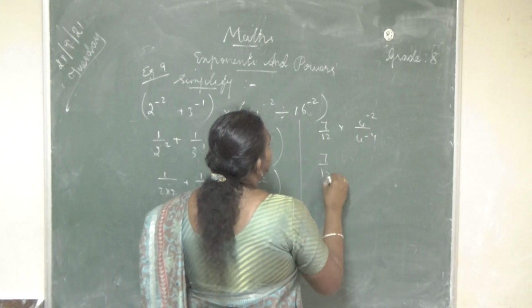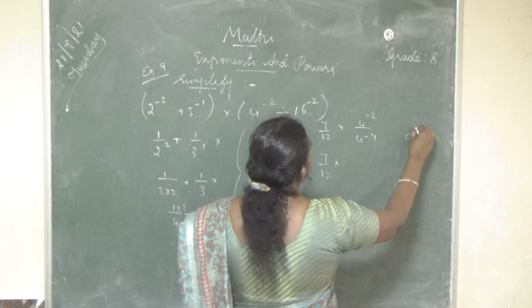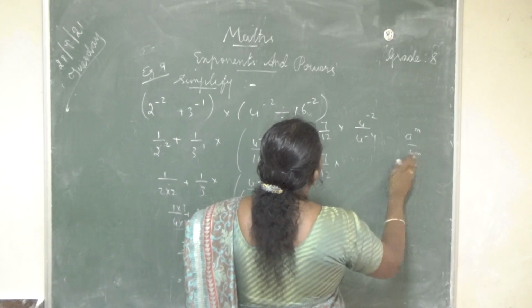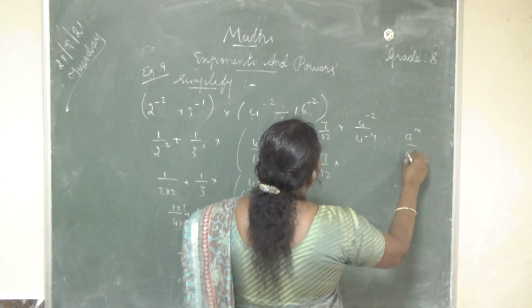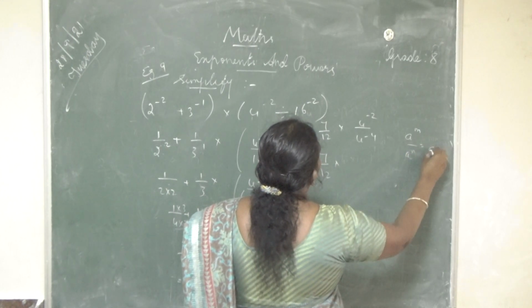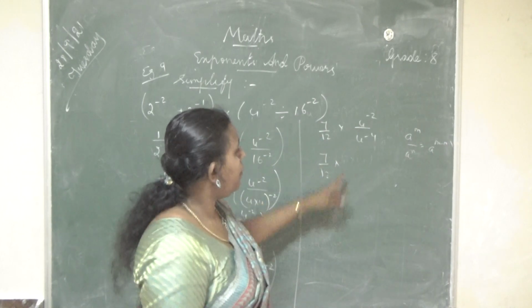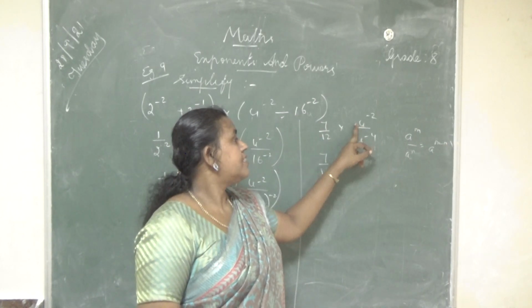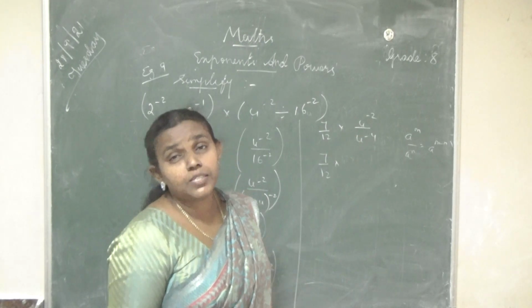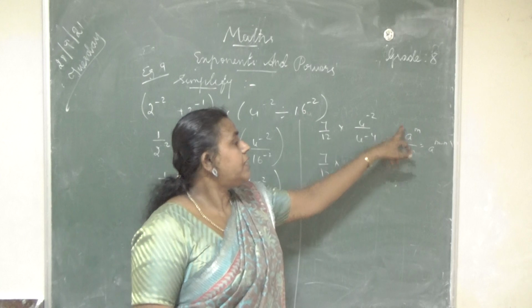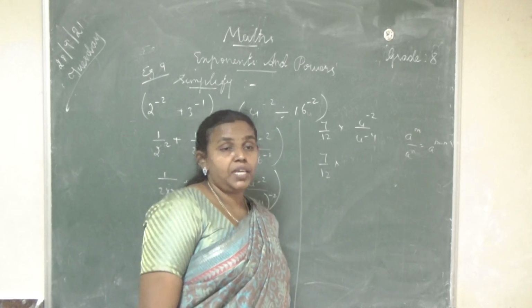So 7 by 12 into a power m by b power m is equal. A power m by a power n is equal to a power m minus n. You know this, is it? Here why did I use this? See, one more place you will be getting doubt. Which place? This a power m by a power n, a power m by b power m.